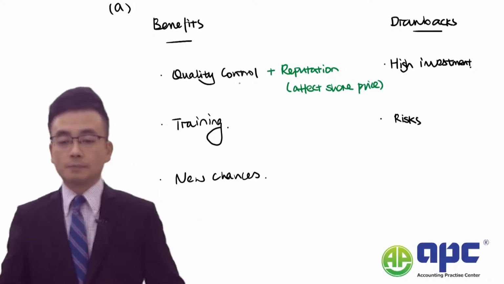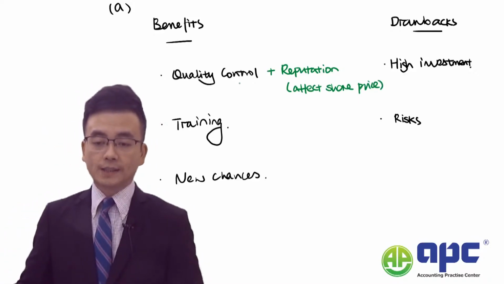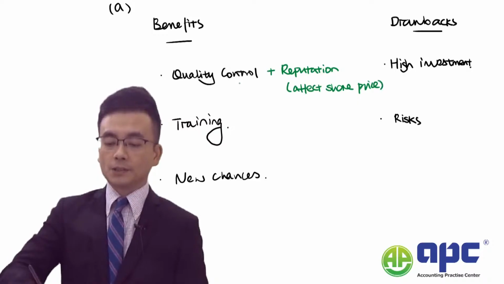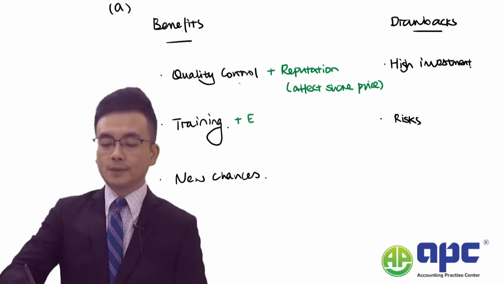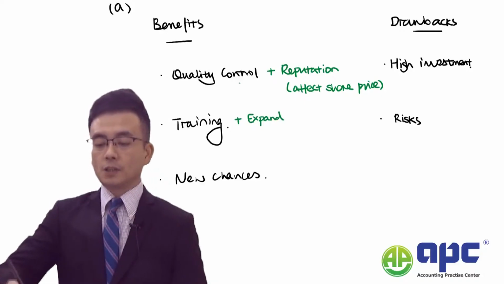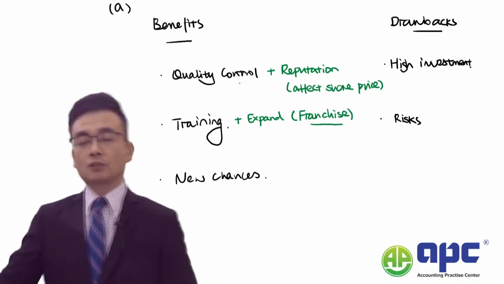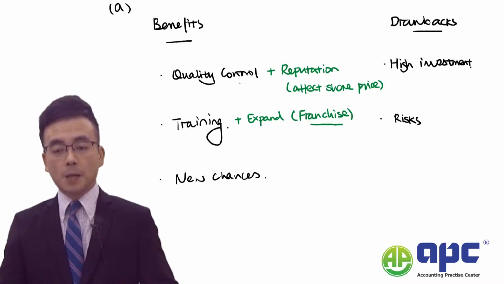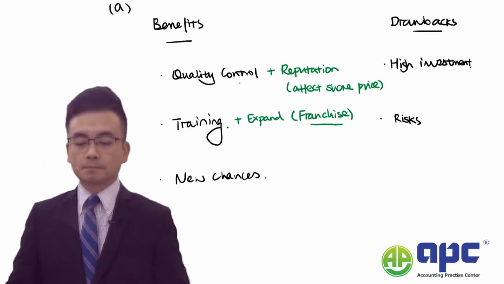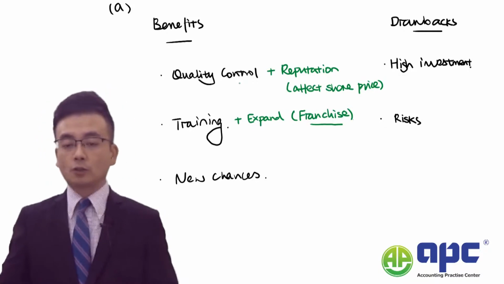At the same time, training will be much easier, because if we were to expand our company in that country later on, for example using the franchise way, the training can be controlled by our company properly. And so of course we can enjoy new chances.